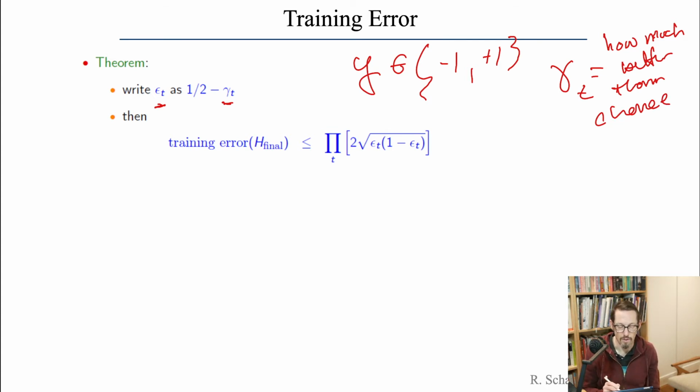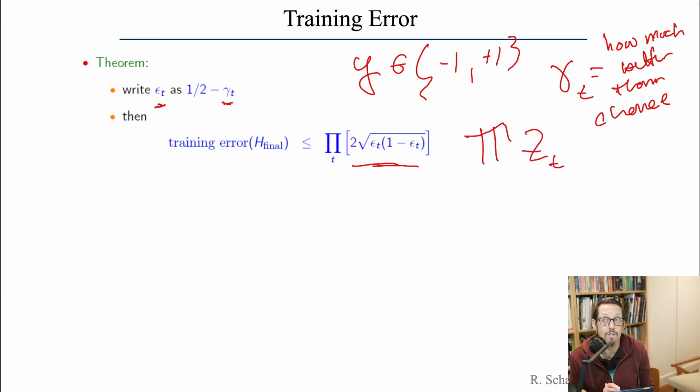All right, so here you see on the screen that form we just arrived at in the last slide. We know that the total final training error has got to be less than the product of Z of t. And we know that Z of t can be reduced down to this form.